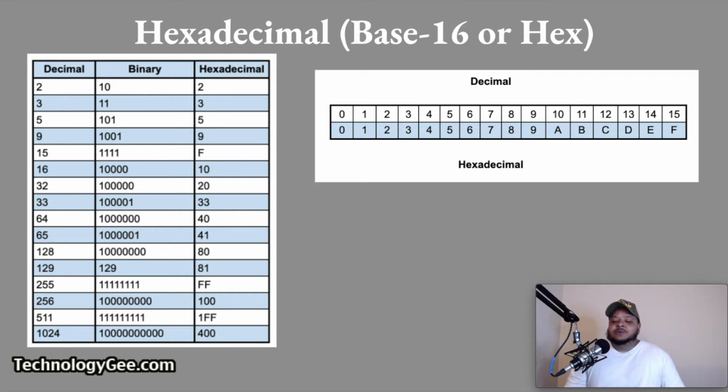Every hexadecimal digit is the equivalent of 4 bits in binary notation, and 4 bits is also known as a nibble. But hexadecimal is used quite commonly in the computing world, such as expressing color values in something called hypertext markup language, or as most of you are familiar with it, simply HTML.